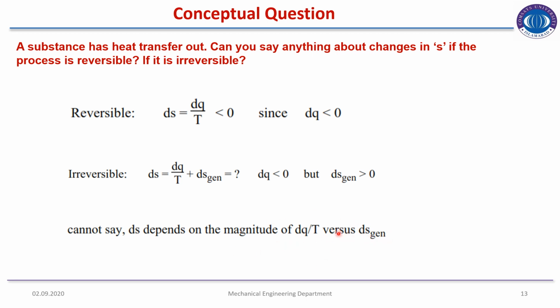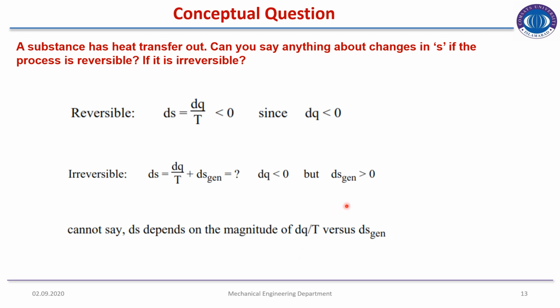They both are independent terms. So dQ by T represents the entropy transfer due to heat or any thermal energy during the process.